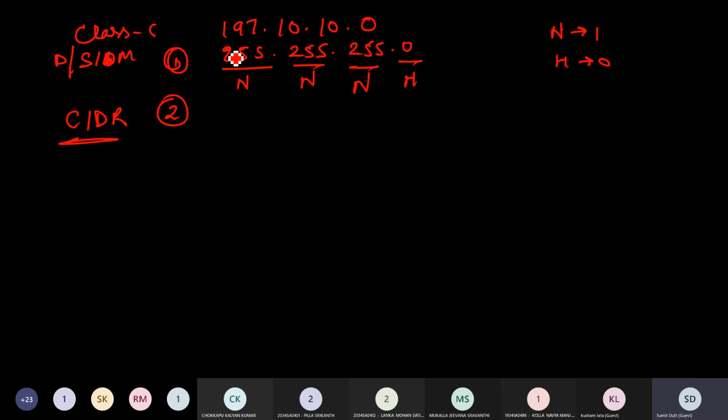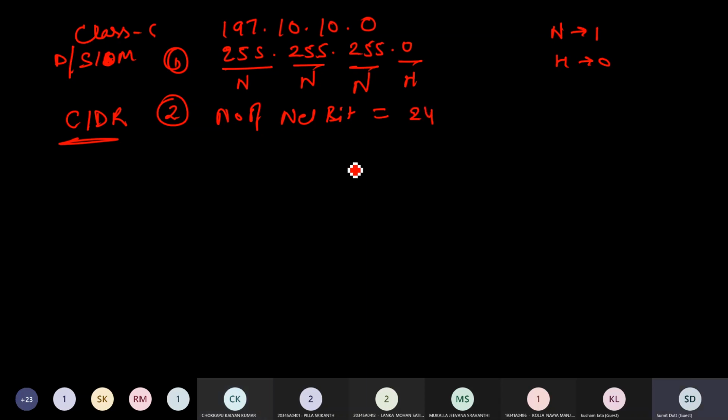So if this is a class C IP address, the CIDR value will be the number of network bits. So how many network bits we have? 24.